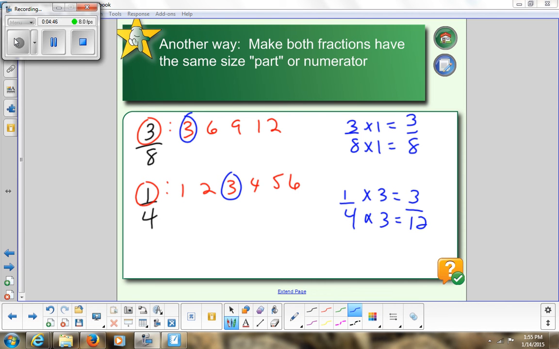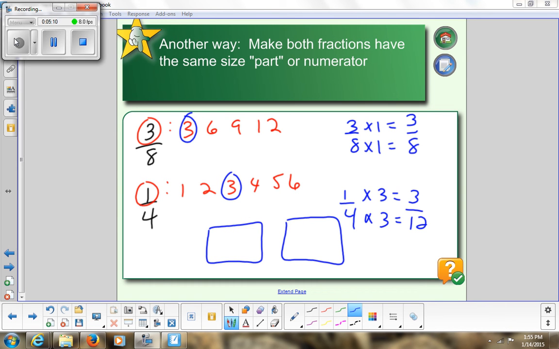So we have 3/12 and 3/8. Which is the bigger number? Well, you might say that 12 is bigger than 8, but that would be incorrect. If I was to draw a picture, let's say I had a square here and a square here.